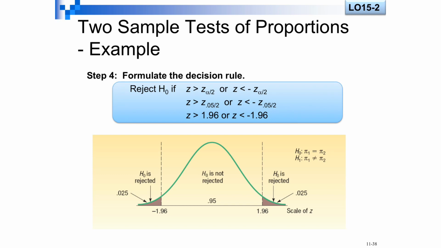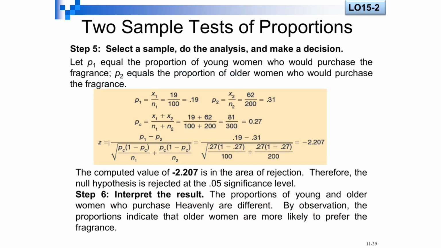Now we have to get the value from the formula to be able to compare them together. So look at it here. We have the values, of course, for both samples. So we calculate the sample proportion for each one. After that, pool them together. So when we merge them together, now we can put it in the final formula and get the value of minus 2.2.